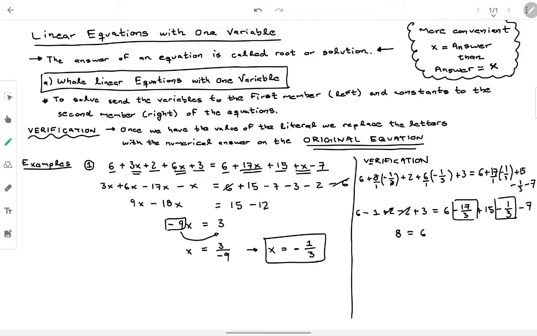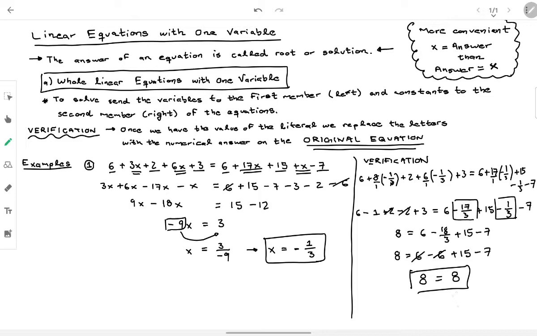It's going to be minus 18 over 3 plus 15 minus 7. So in this case, it's going to be 8 equals 6 minus 6 plus 15 minus 7. 6 minus 6 disappears. It's going to be 8 equals 15 minus 7, it's 8.